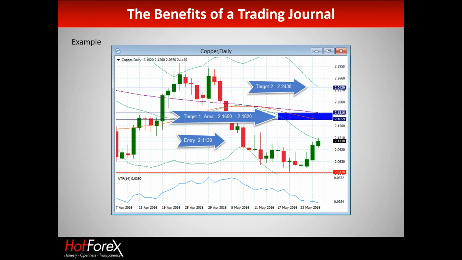So what the trader should write down is what caused him to enter the position here, what caused him to put the target level up here, and what caused him to put the extra target up at this level here. The idea is that there should be a rationale for following this strategy.